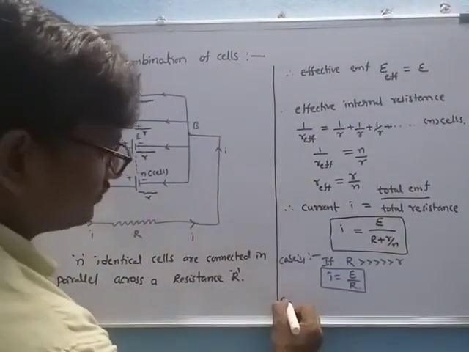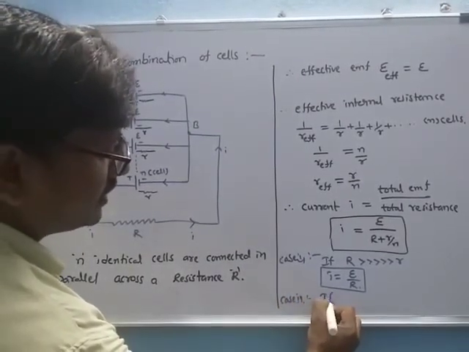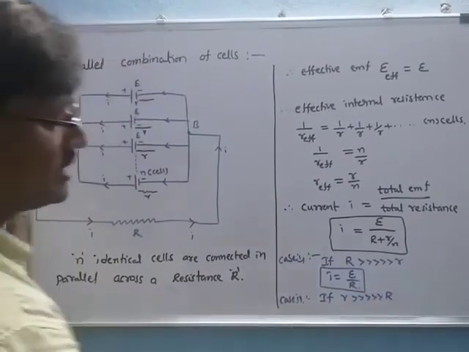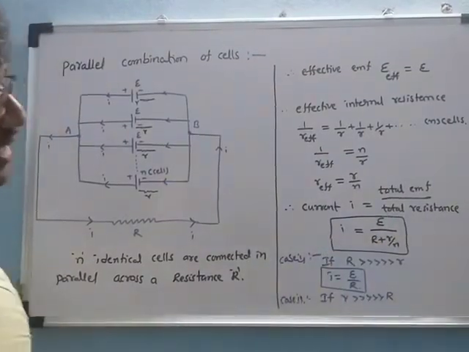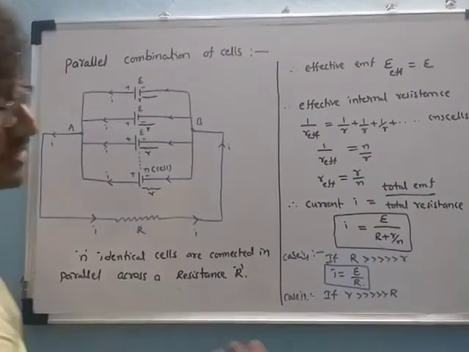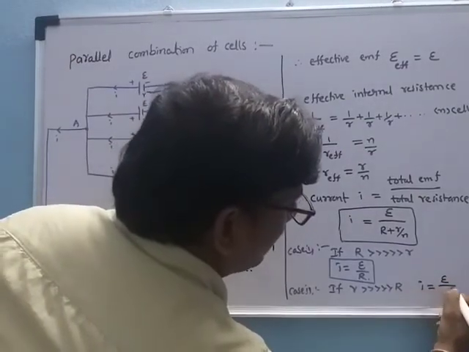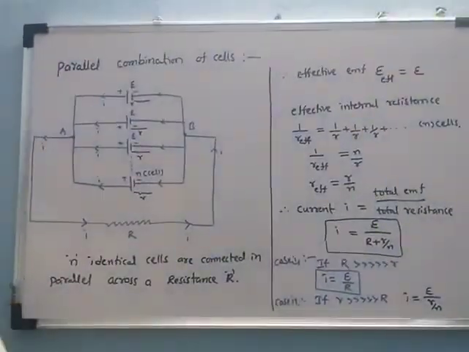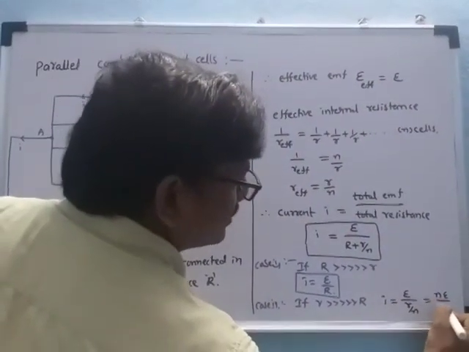Now case 2: if the internal resistance is greater than the external resistance, the external resistance can be neglected. The remaining term is I equal to E divided by r by n, which is equal to n into E by small r.